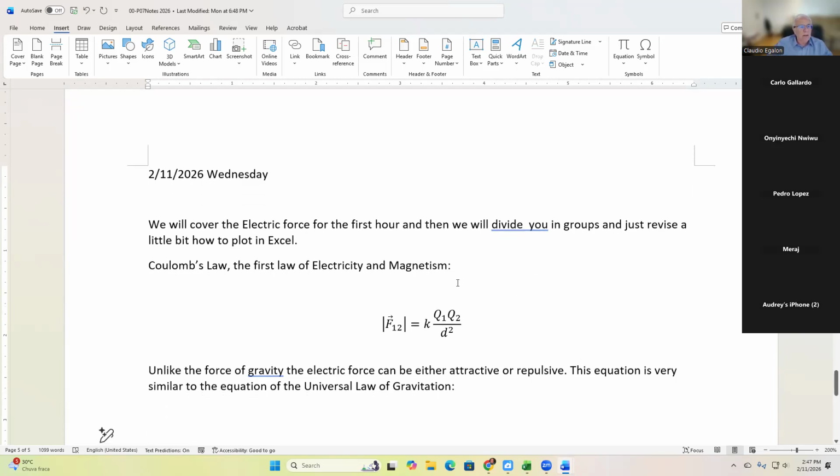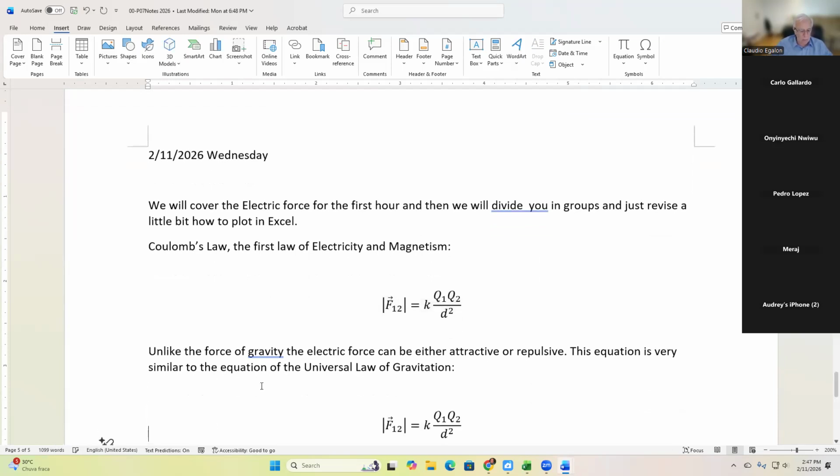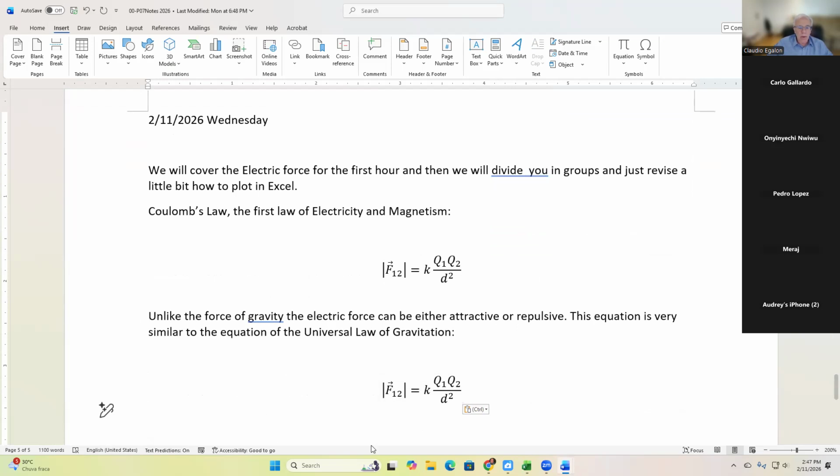Whenever you have mass 1 and mass 2, all we have to do here is replace the constant k.